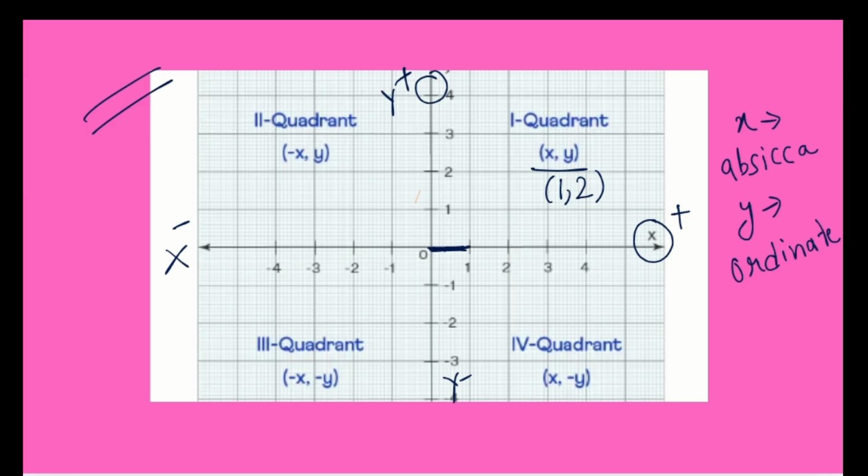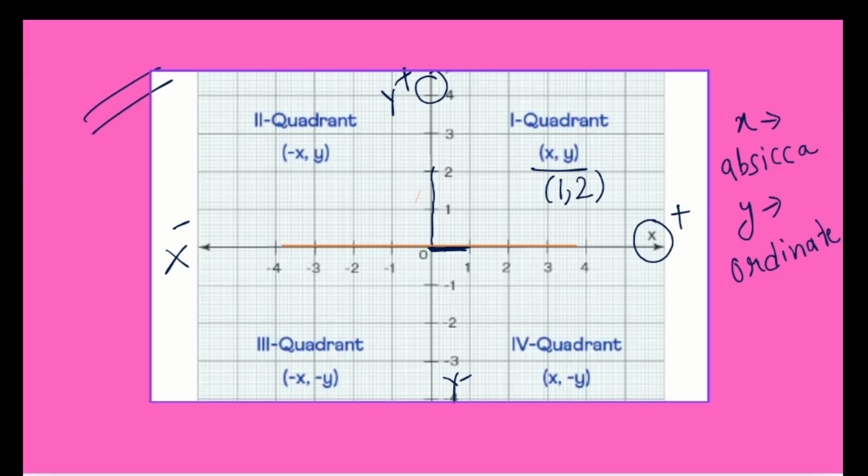This is a vertical distance from the origin, that is called the ordinate.